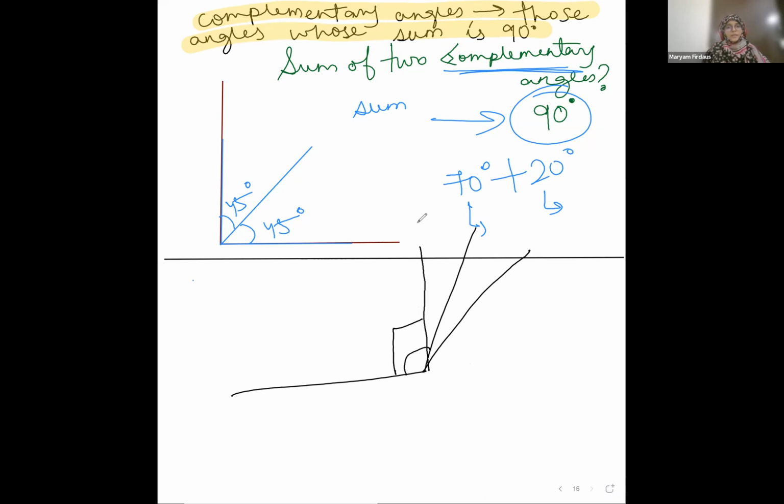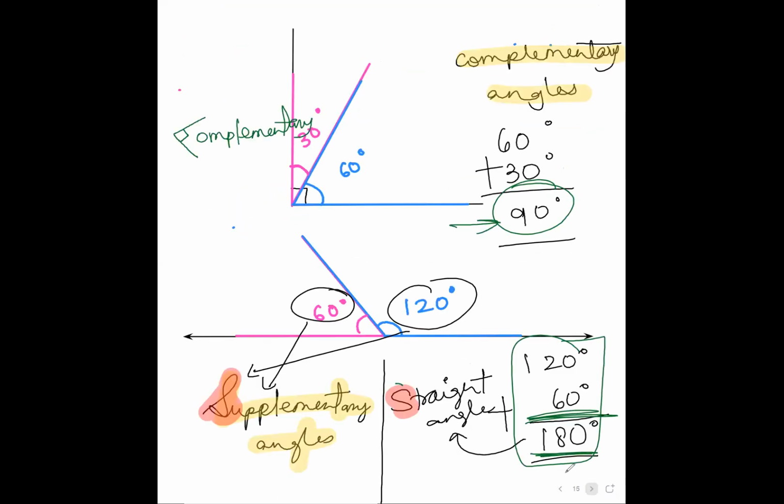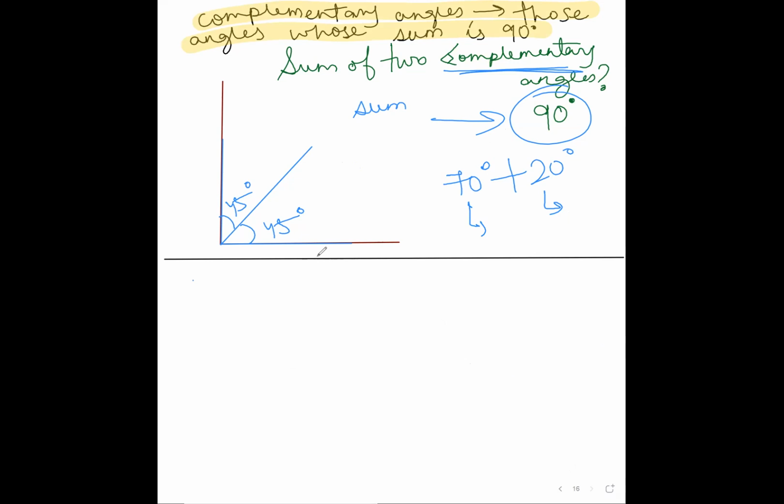So it will never fit into the 90 degrees. Are you understanding? Yes. Then the third one: can two right angles be complement to each other? No. Fine. So only the first one will be right, that if you want two complementary angles, then both of them will always be acute angles. Okay.